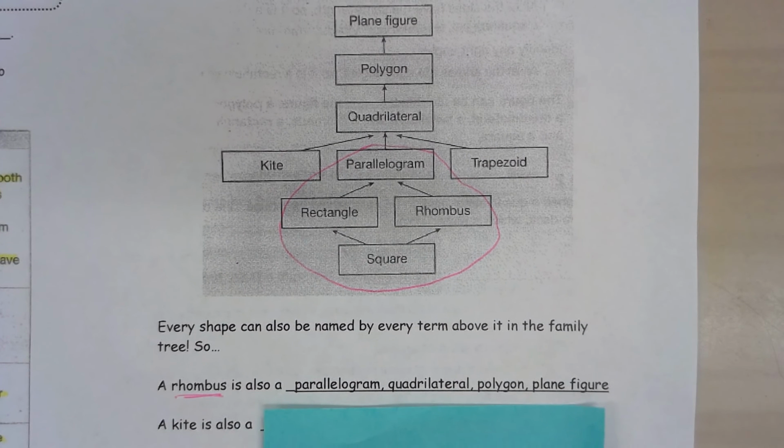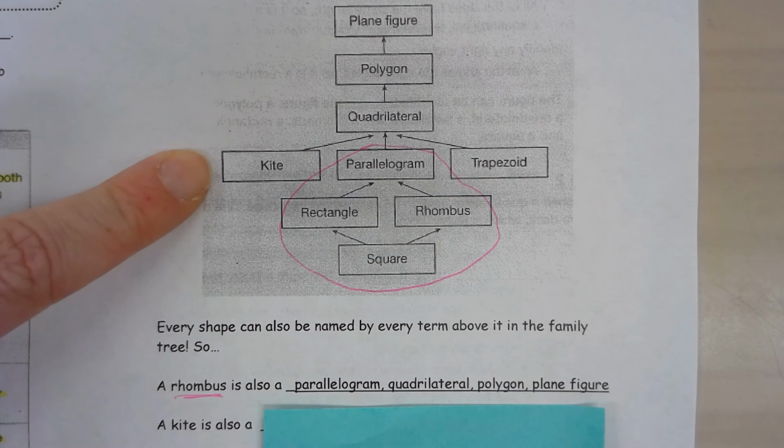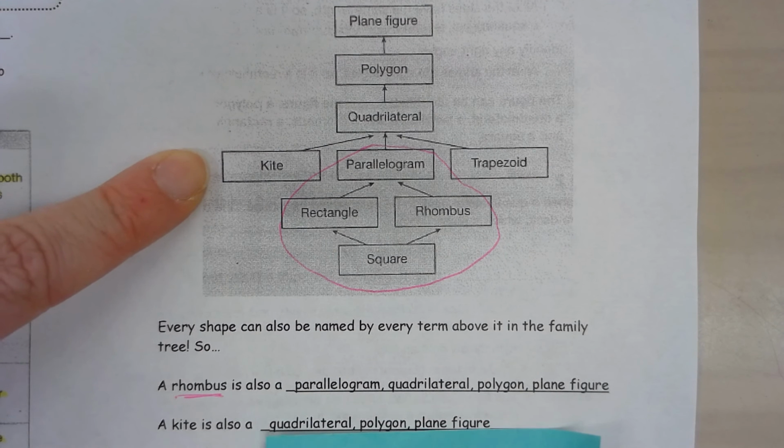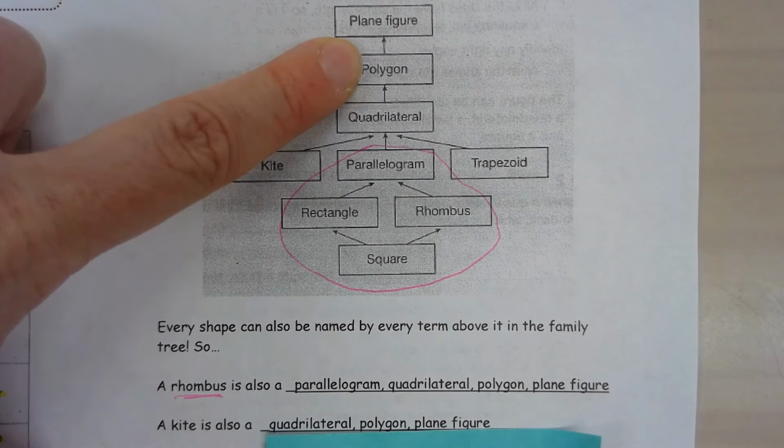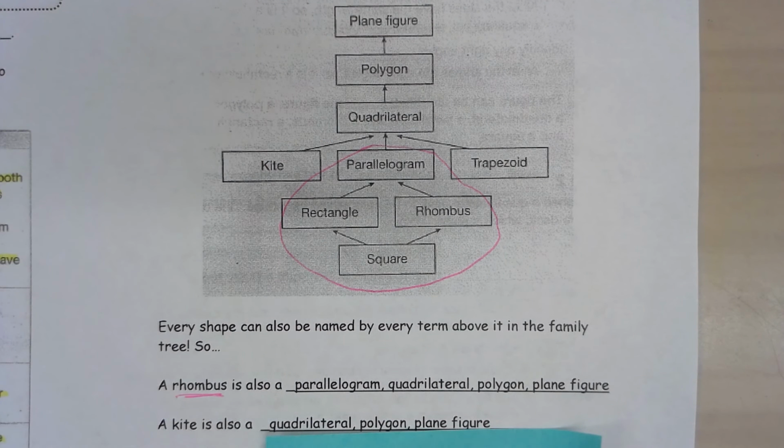Now let's do the same thing for kite. Remember, kite is kind of that crazy aunt or uncle over to the side. A kite is also a quadrilateral, a polygon, and a plane figure.